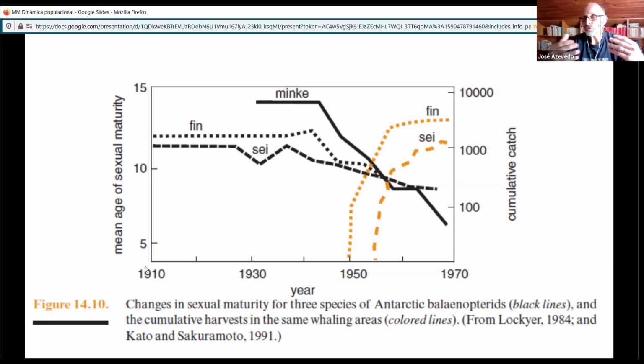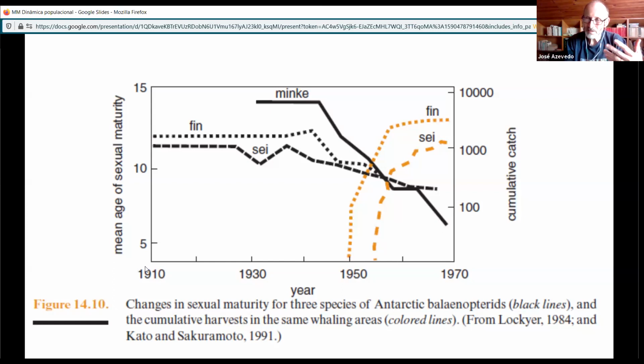So the obvious reason is that, there being fewer whales, they responded by having an earlier sexual maturity.